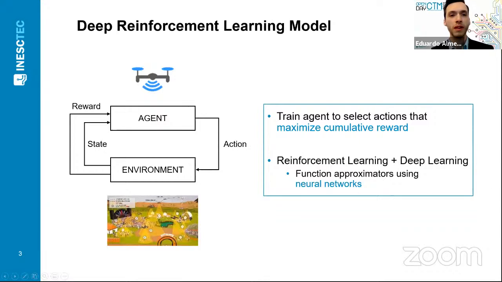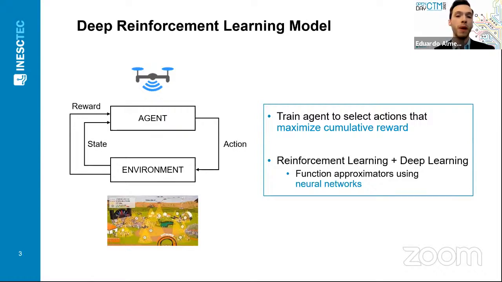So how is the deep reinforcement learning problem modeled? We start with an agent, which in this case is the UAV that we want to position. We want this agent to train and learn what actions to take on the environment for a specific state in order to maximize the cumulative reward over time.